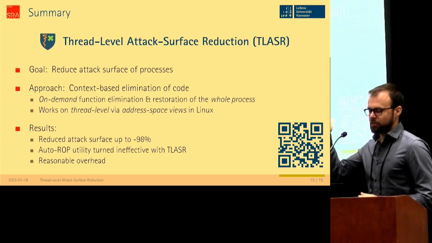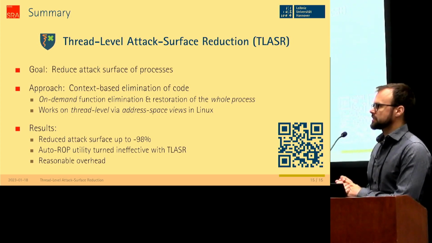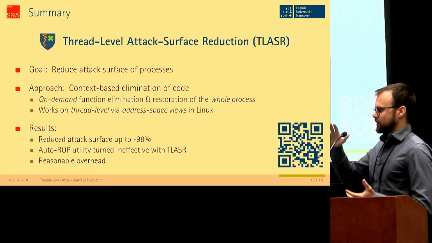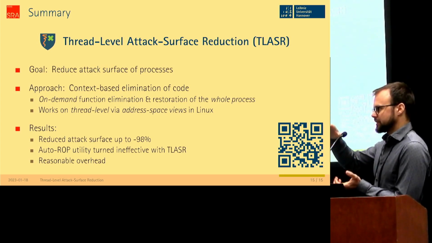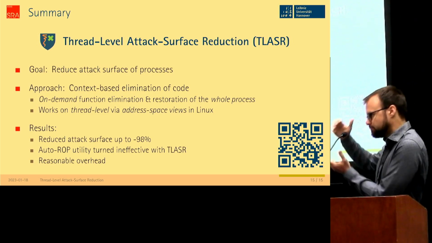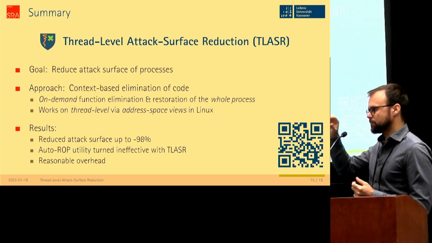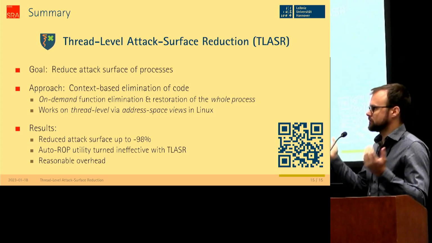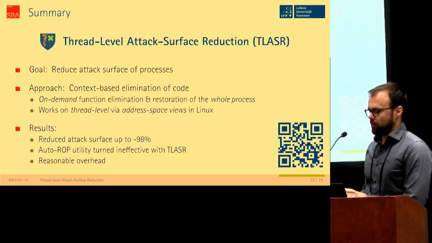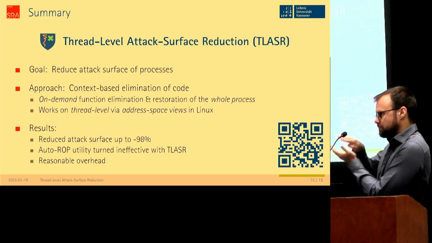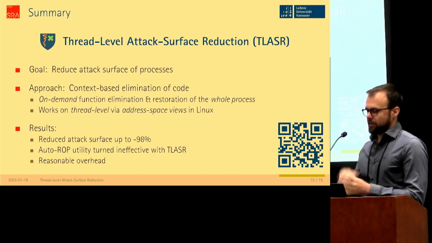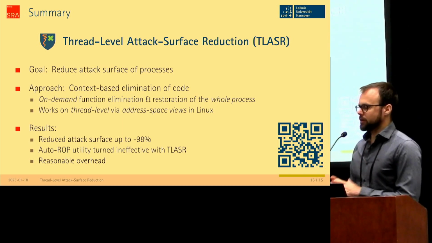So what the auto-ROP utility does is you give it basically an image of your loaded binary, and then it finds all the possible ROP gadgets. So it has a database of possible gadgets. They must have a return at the end, and there are different types for jumps and all kinds of computations.